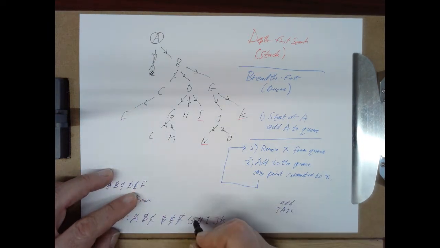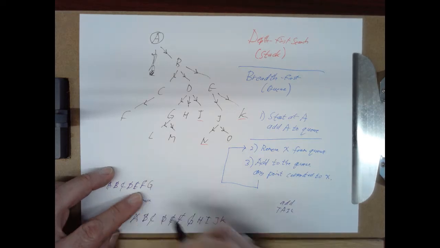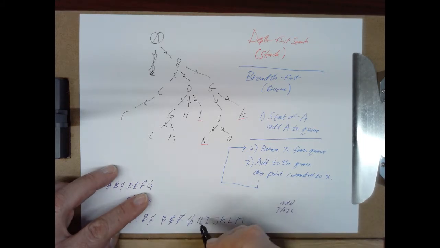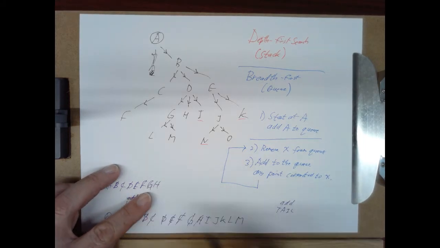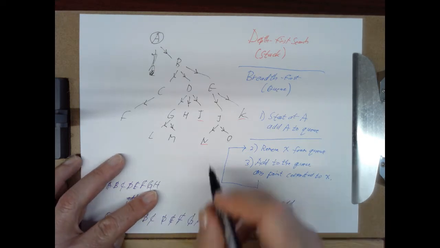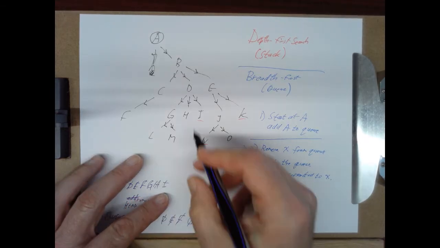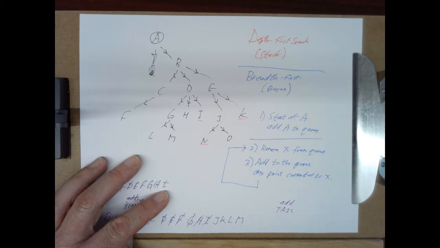Remove the head of the queue, which is G. That becomes X. That's connected to L and M. Remove the H. That becomes X. H is adjacent to nothing, so there's nothing to insert. Remove the I. Nothing to insert because I isn't connected to anything else.